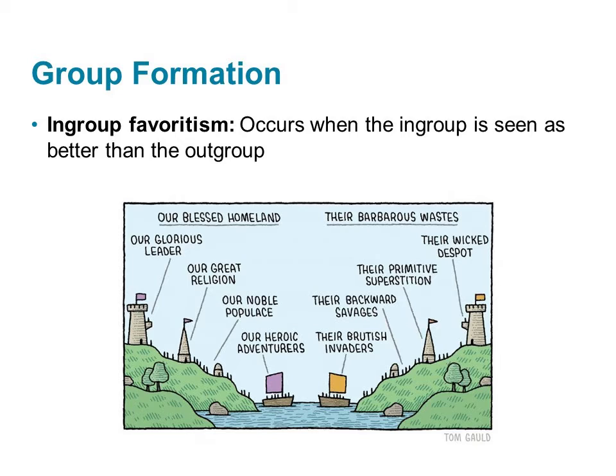Some research suggests that some people are more susceptible to in-group favoritism, more likely to fall prey to this bias: people who are low in openness to experience, or people who are low in agreeableness.